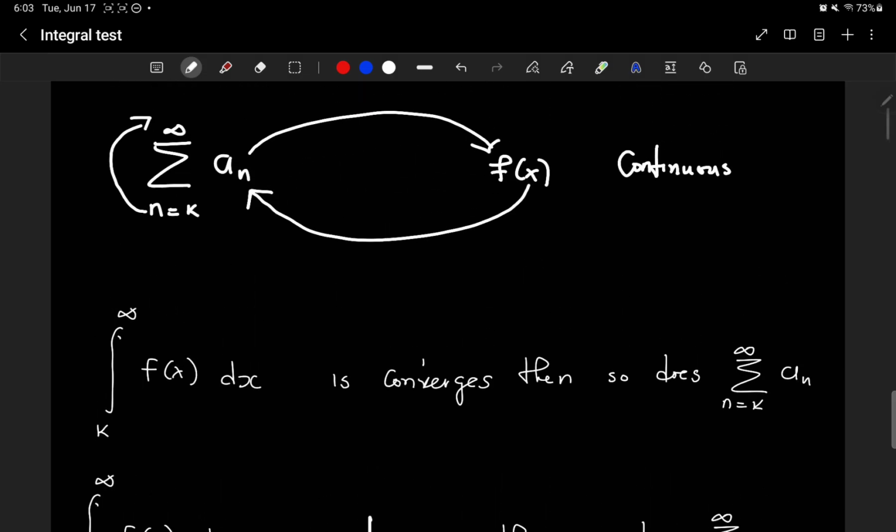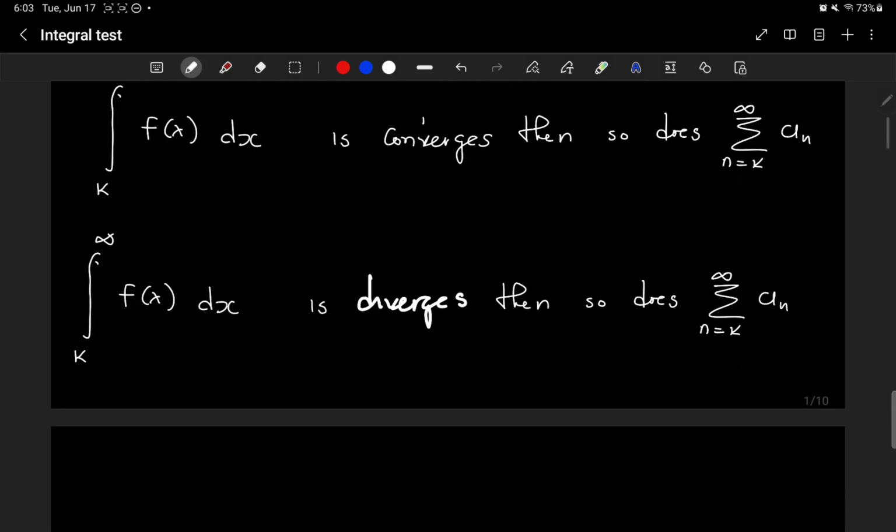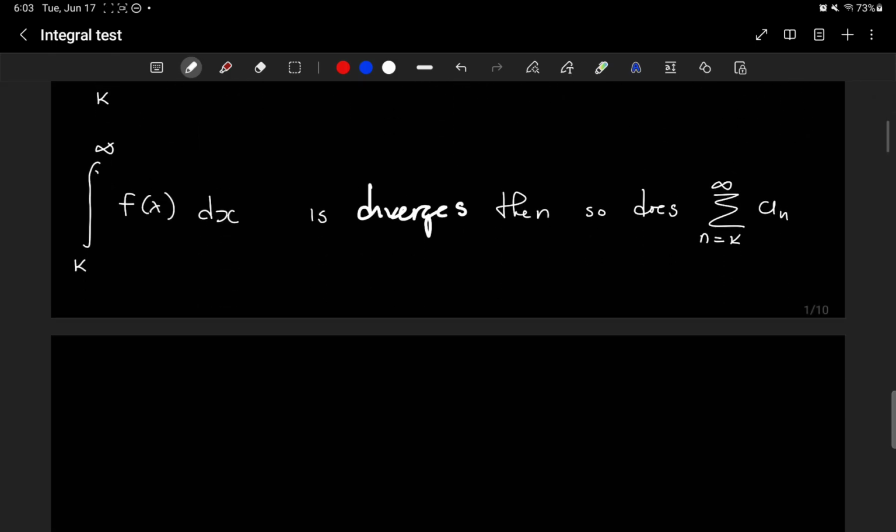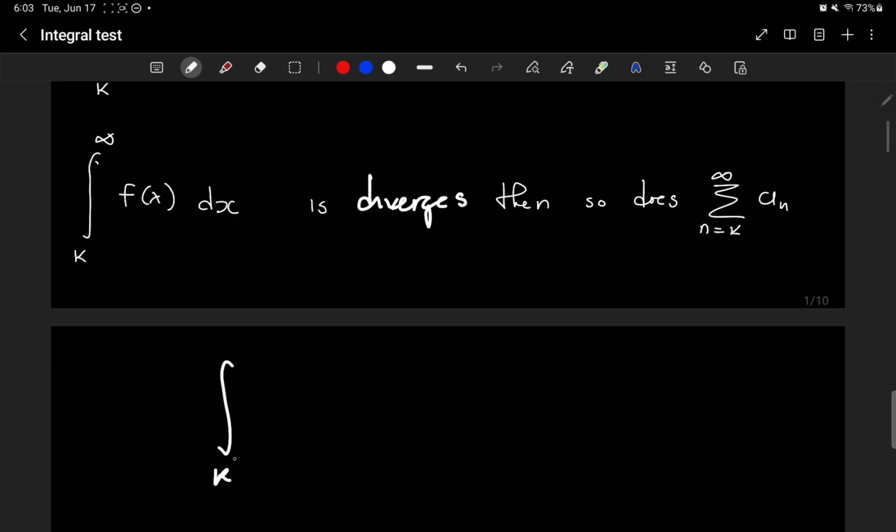You might be wondering, how does an integral converge? How does an integral diverge? Well, for an integral from k to infinity of f of x dx, we say the integral converges if it reduces to just a real number k. Here, k has to be a finite number.